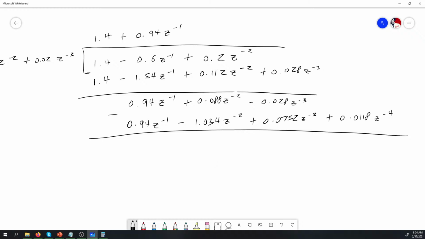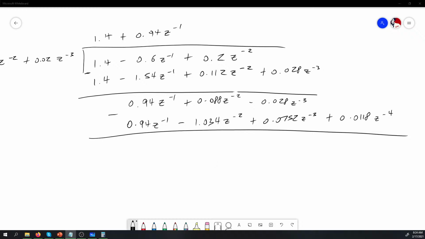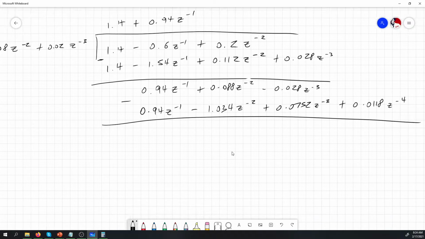So that's what it's supposed to be. Let me correct my solutions here as well, to make sure it matches up. That's right. Okay, good.